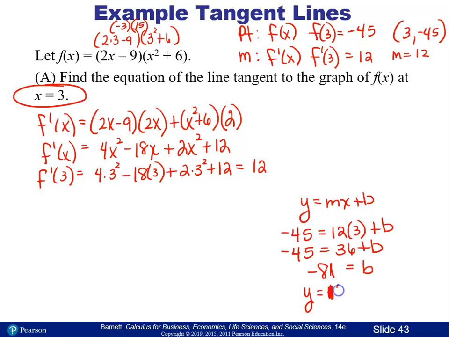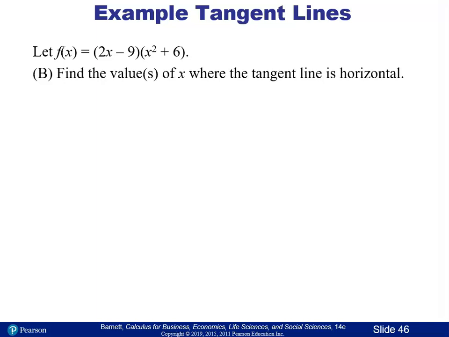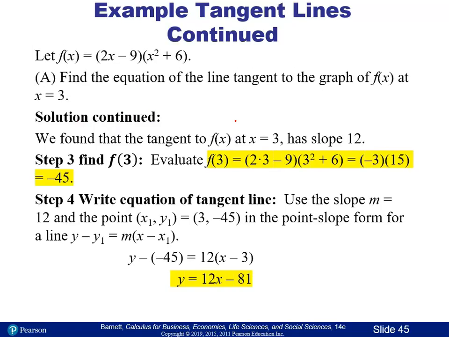12x minus 81. All right, find the values of x where the tangent line is horizontal. So that is going to be where our derivative is equal to 0. So we found earlier that our derivative is equal to 6x squared minus 18x plus 12.